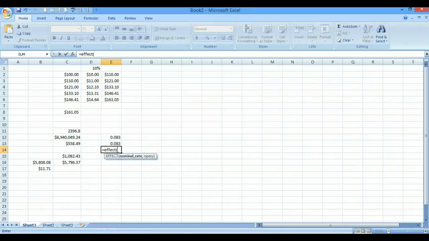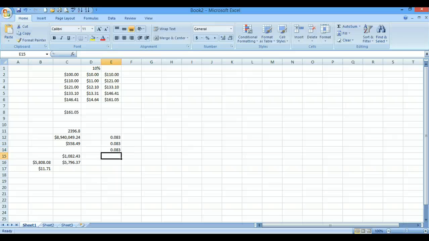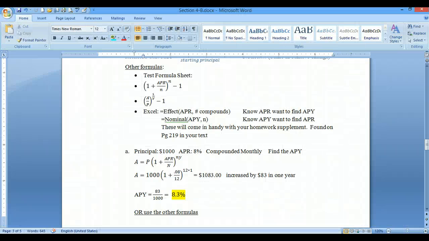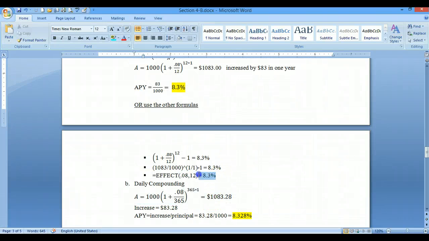So I type in 0.08, comma, how many times per year? I believe this one was monthly, close parentheses, and we still get 8.3%. So you have lots of different ways to find it, and you can use whichever one you prefer, or whichever one works better for the problem that you're working on.